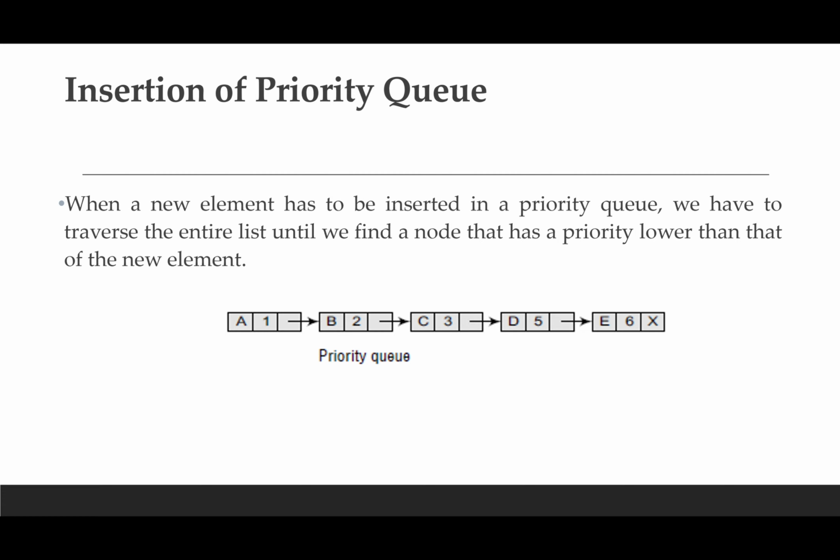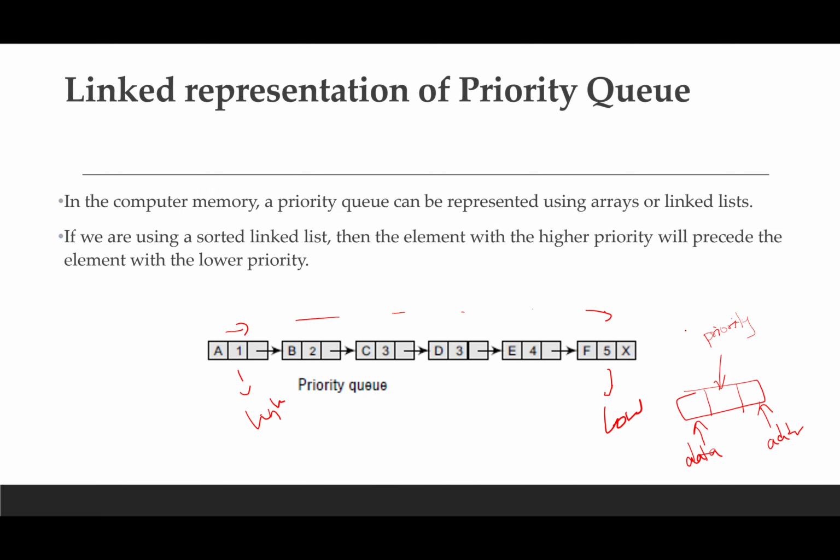For example, if you are going to insert the element F, and the priority for this one is 4, it will traverse the entire list and find the node that has a priority lower than this particular element. C is lower, so it will insert the new node here.